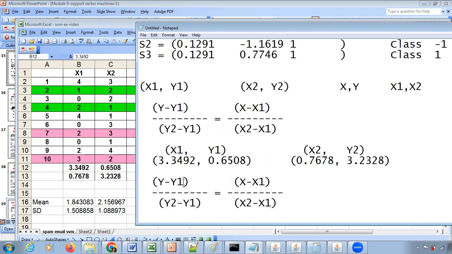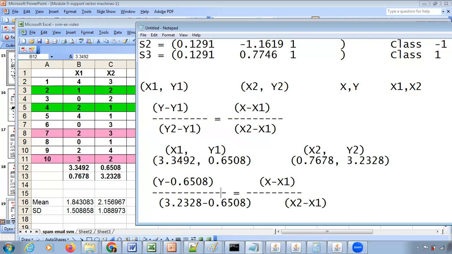If you replace the variables, y1 is 0.6508 and y2 is 3.2328, so 3.2328 minus 0.6508. Minus x1 is 3.3492, divided by x2, which is 0.7678 minus 3.3492.